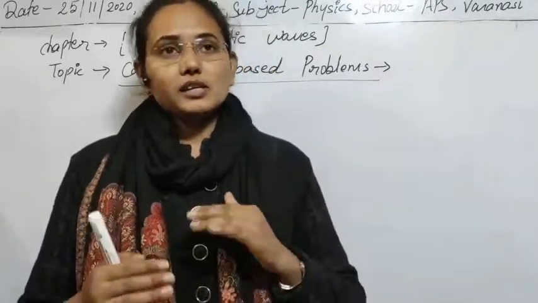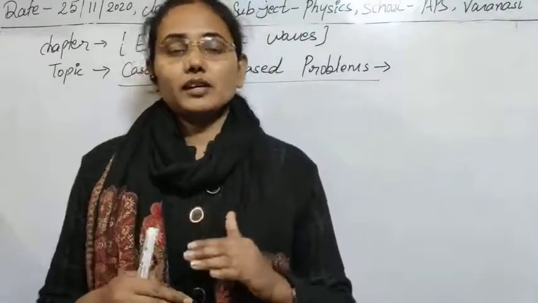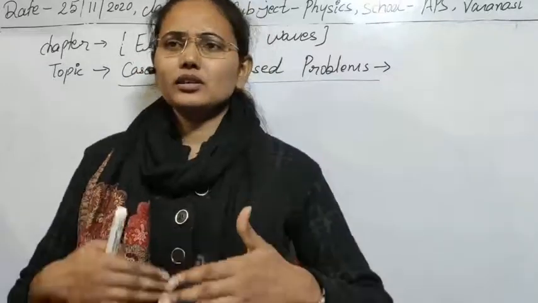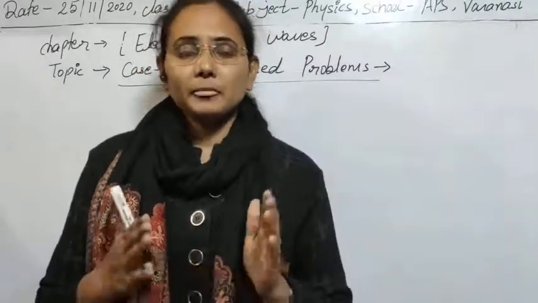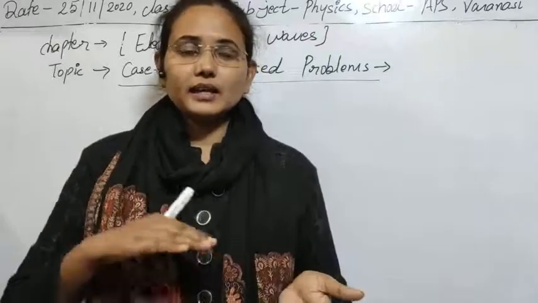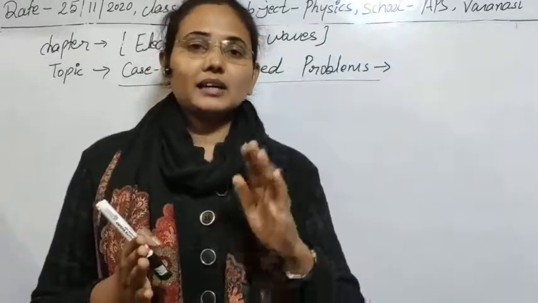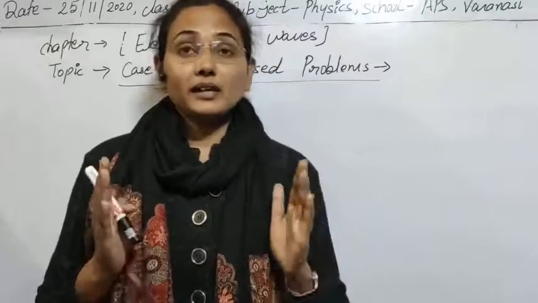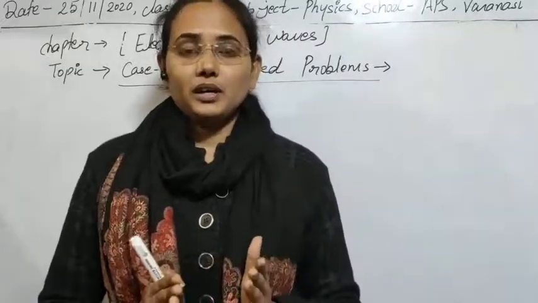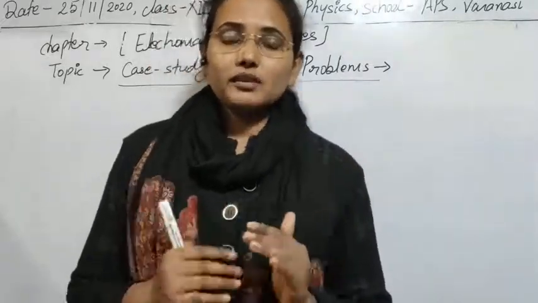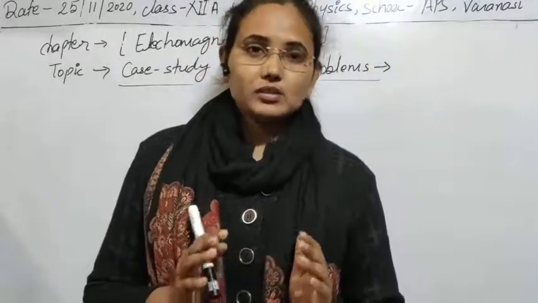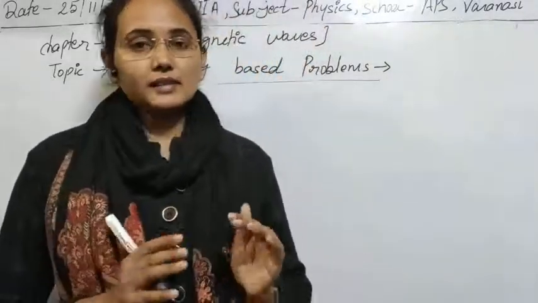And the magnetic field is oscillating, so due to that an electric field is generated. Continuously this process is repeating: due to the oscillating electric field a magnetic field is generated, and due to the oscillating magnetic field an electric field is generated, and you can see these two phenomena with the help of Maxwell's third and fourth equations. So I think there is no confusion in that section.